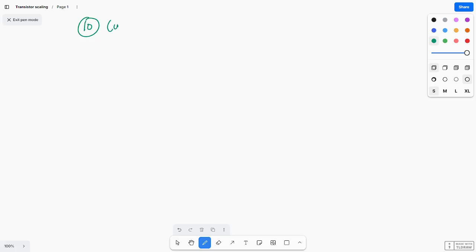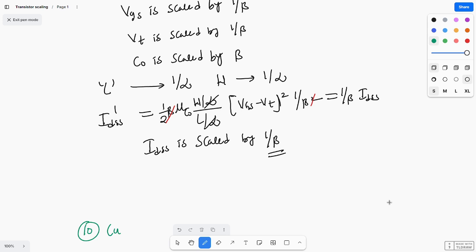Current density. Sir, IDSS is scaled by 1 by beta. Here beta gets cancelled, no? Yes. COX, that is C naught, is scaled by beta, no? Yes, sir. Okay, C naught is scaled by what?